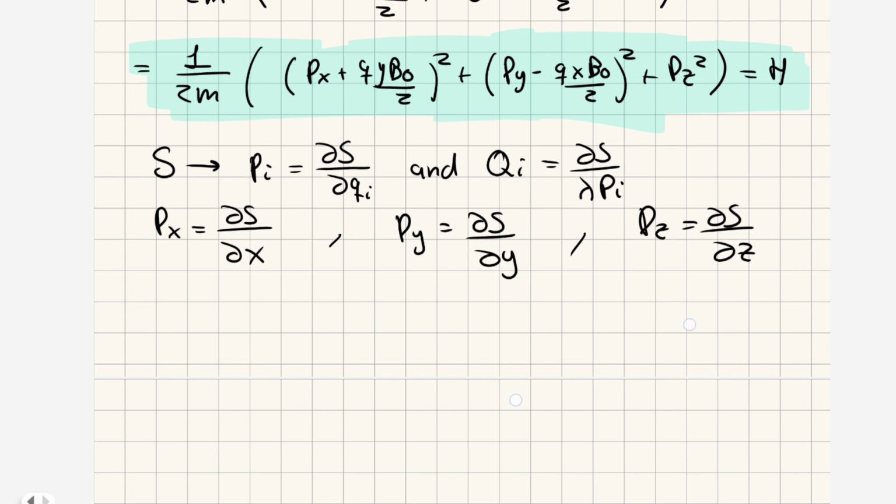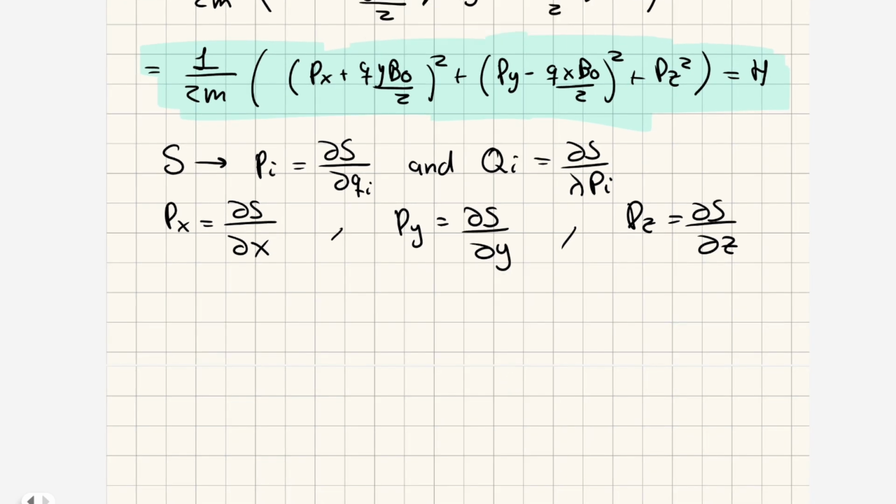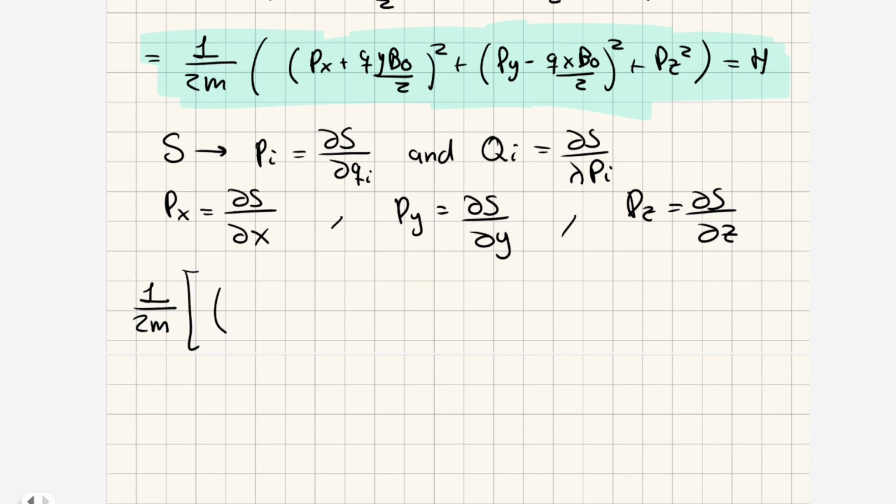Okay, perfect. So what will be the Hamilton-Jacobi equation? Well, we will have 1 divided by 2m, that is going to multiply px, but that is the derivative of S with respect to x, and then plus q. And I'm going to switch the q for an e to express the electric charge of the particle, just so as not to get confused with this little q that I'm using here, right?